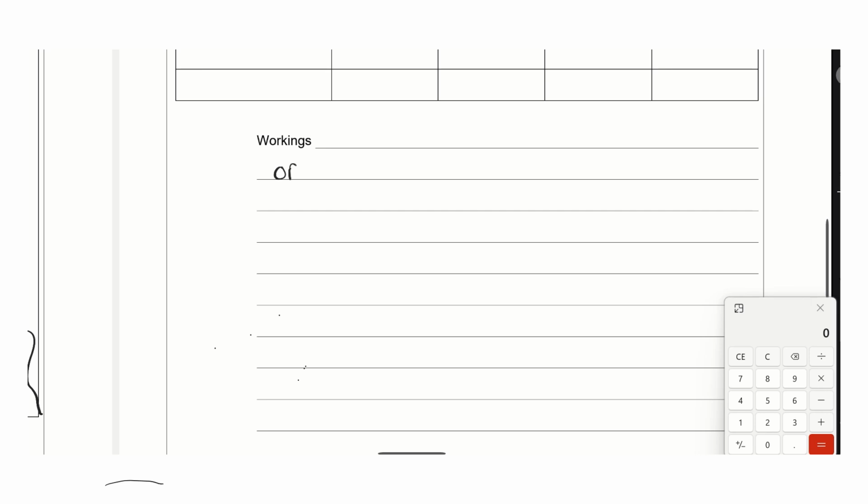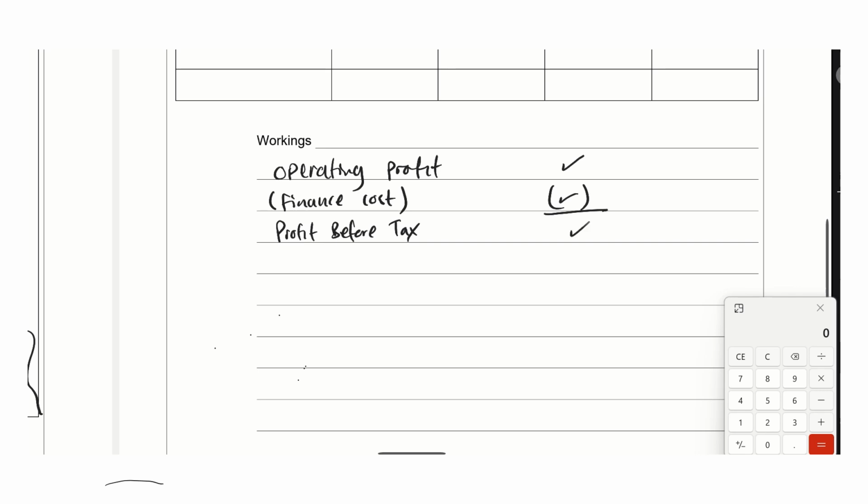So you normally start with your operating profit, okay, here, and then you take away your finance cost, okay, better known as interest that you're paying. So you take that away, and then you get profit before tax. Okay, so once you do that, you get your profit before tax, and then you take away your tax, and finally you end up with PAT.